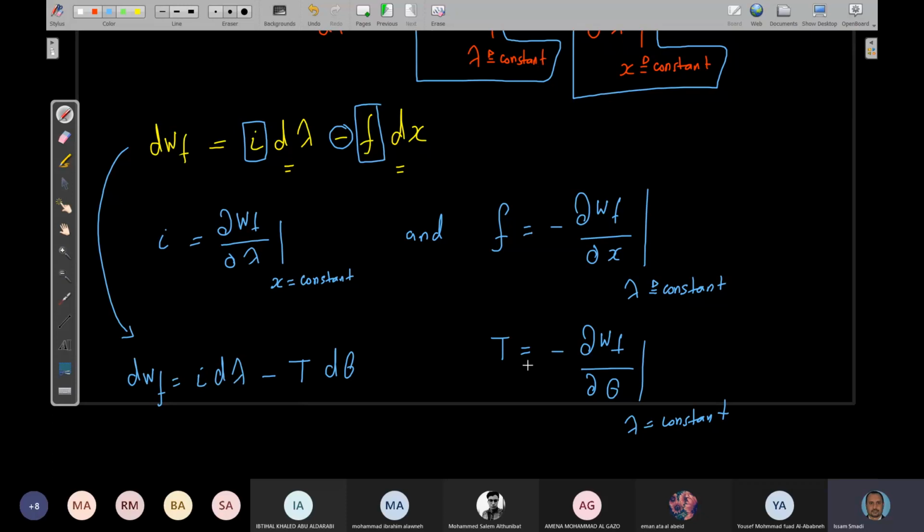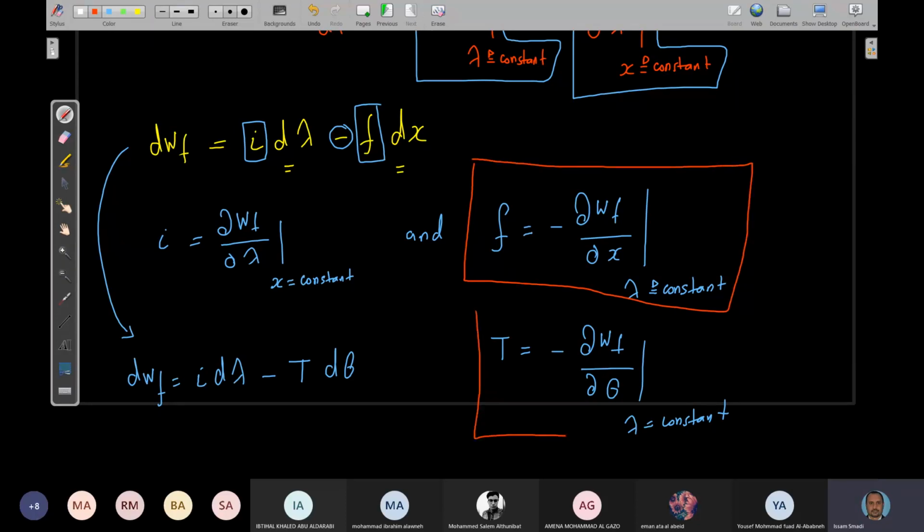So the same, I can calculate the force for linear motion or the torque for rotational motion from the partial derivative, minus the partial derivative of the field energy with respect to the displacement, x for the force and theta for the torque, on one condition: that I should fix lambda, or the function should be described in terms of lambda.